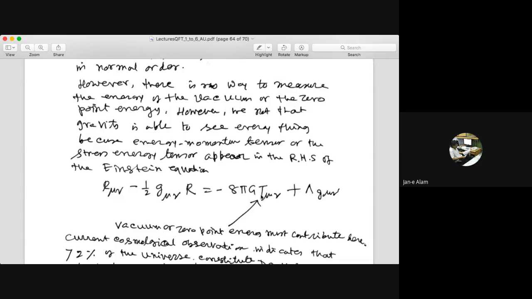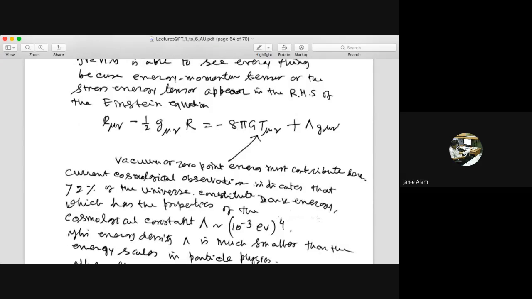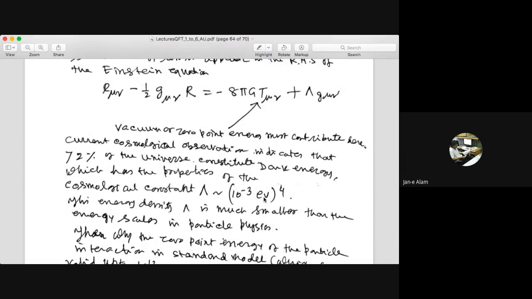Now if you have a vacuum energy, that vacuum energy should contribute to this energy momentum tensor, or stress energy tensor, and then gravity should be able to see it. You have also heard that currently our universe has about 72% dark energy, about 23% dark matter, and the rest is visible matter.